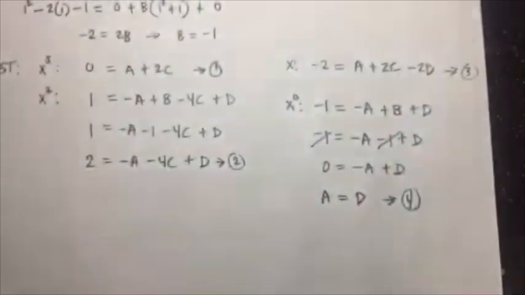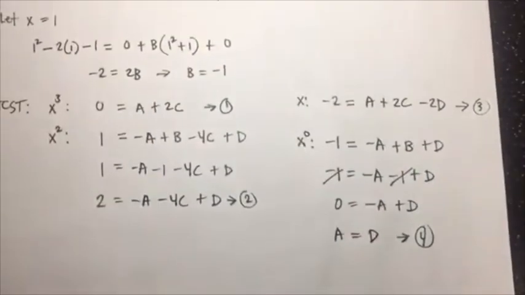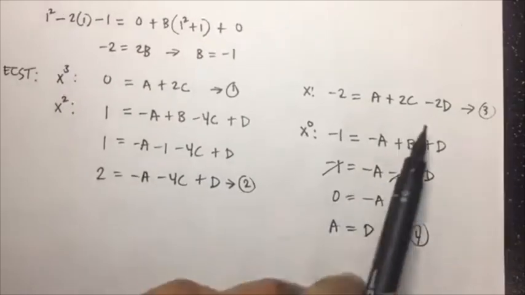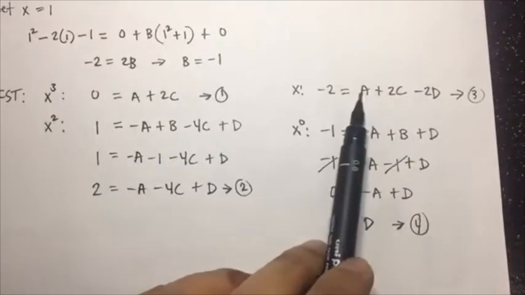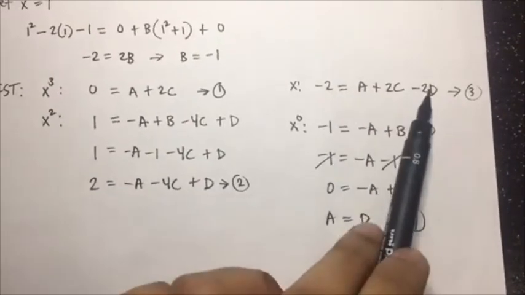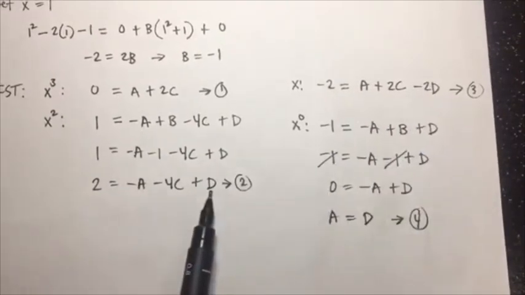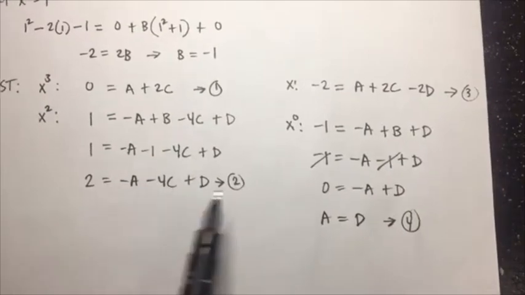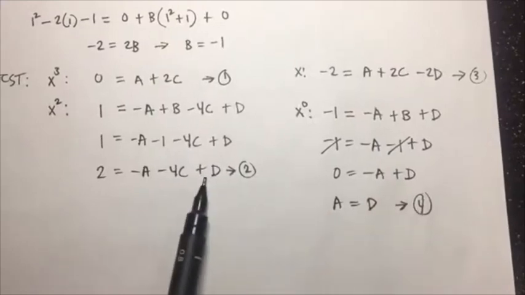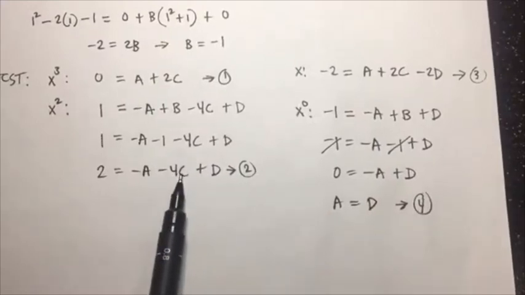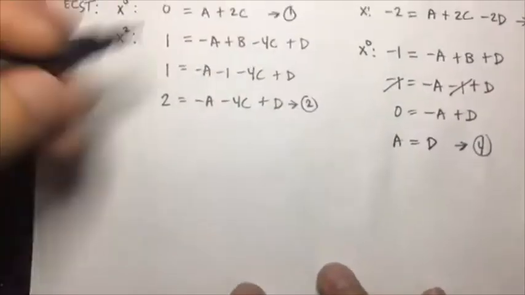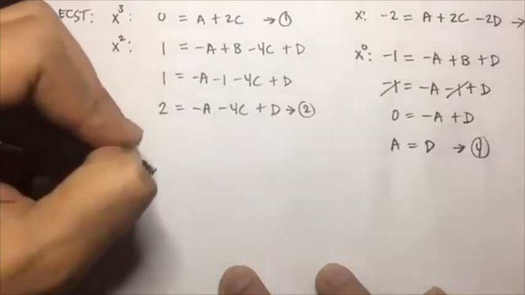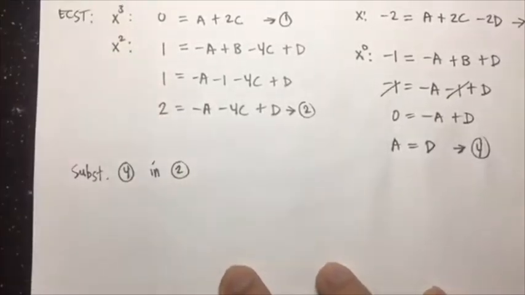So here, to make our equations easier, we can substitute a is equal to d. Okay, to simplify, you can substitute d is equal to a. You can also replace d in here. As you can see, if we substitute equation 4 in equation 2, we can now solve for c. So substitute 4 in equation 2.